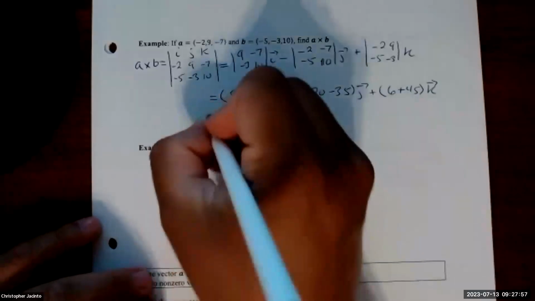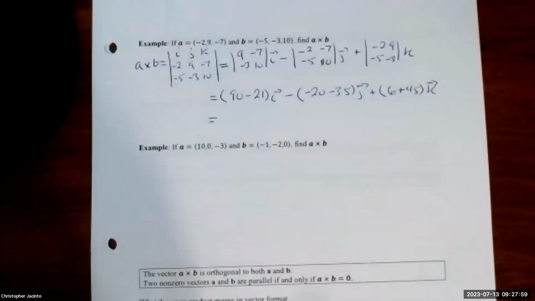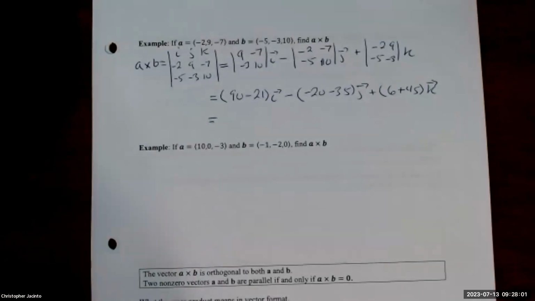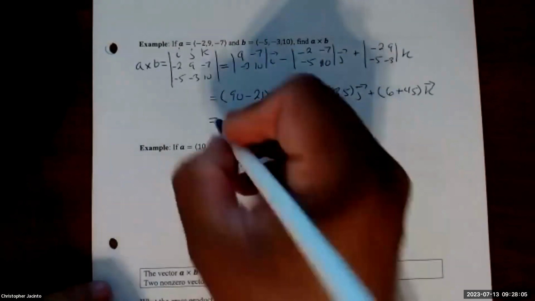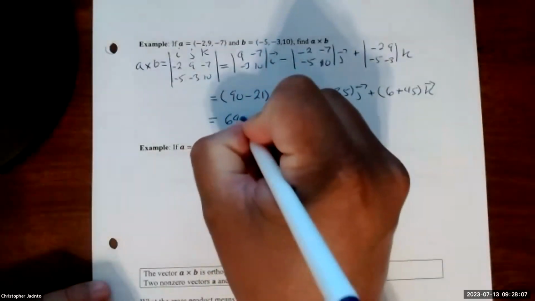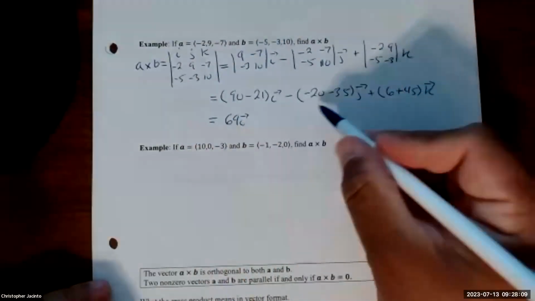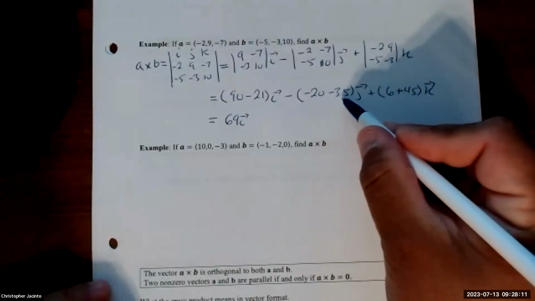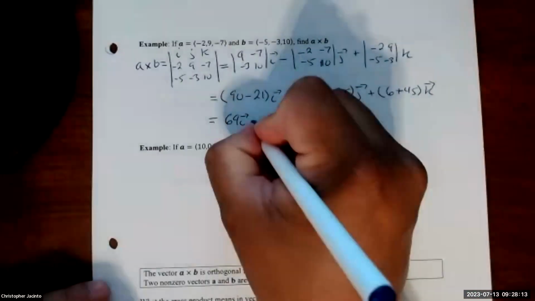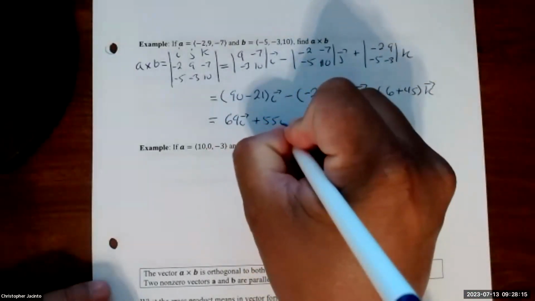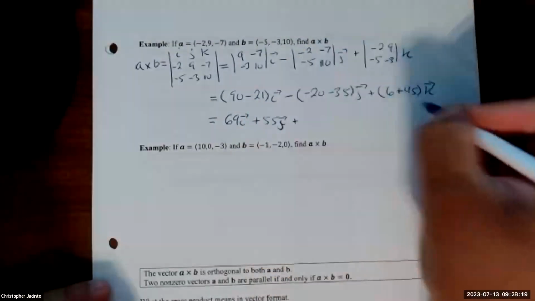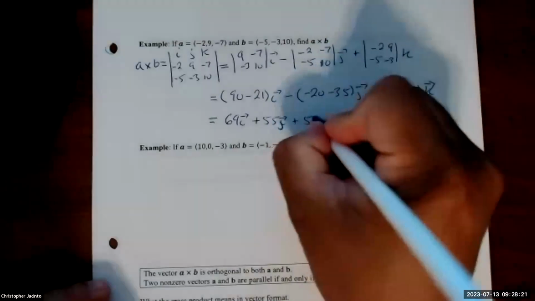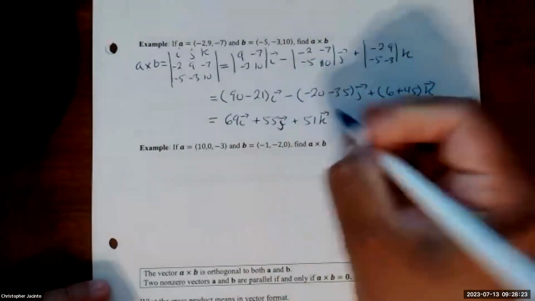Now we just finish up by the subtraction. So 90 minus 21, 90 minus 20 is 70, so this is 69. This becomes -55, since subtraction becomes positive. And then 45 plus 6 is 51. And there we go.